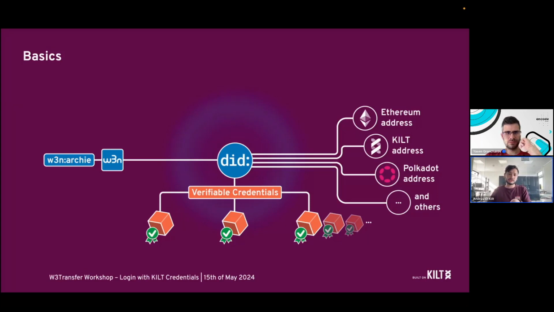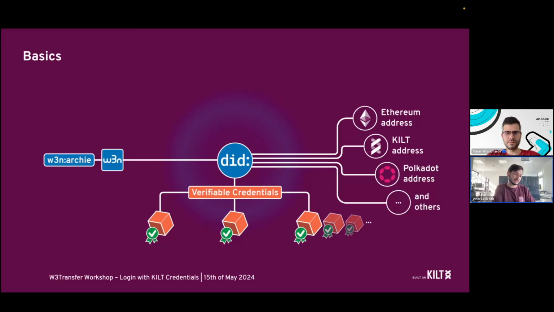For the verifiable credentials, it's important to say they are not on the chain. You own them, you have them, and you need to prove that they are yours by signing when you present them, using the keys from the DID. But they themselves are not on the chain.